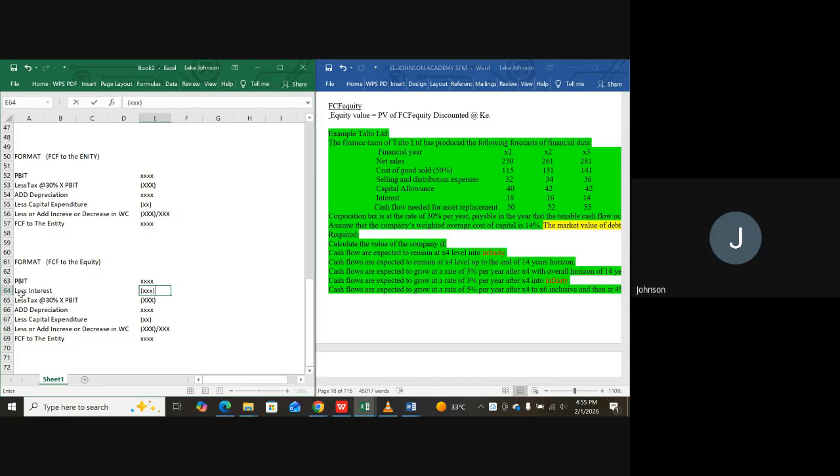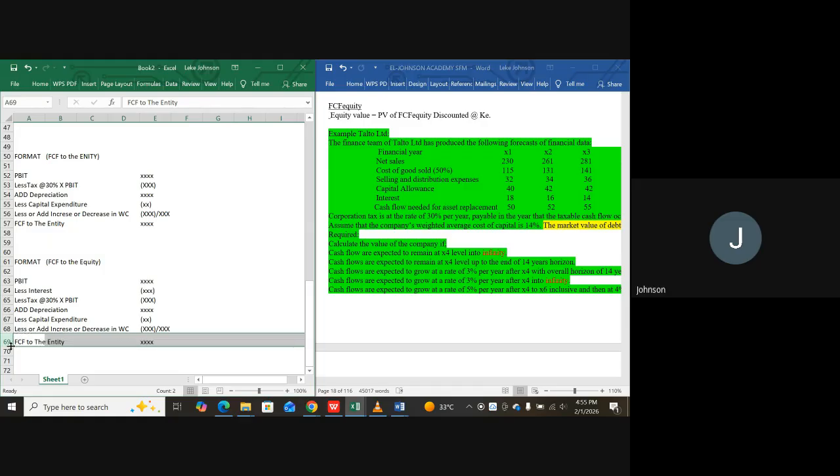Next, apart from lessing interest, once you have determined whether you are lessing your capital allowance, your capital expenditure, and you less or add your working capital increase or decrease, before you have your final answer, which is going to be your free cash flow, you are going to do two things.